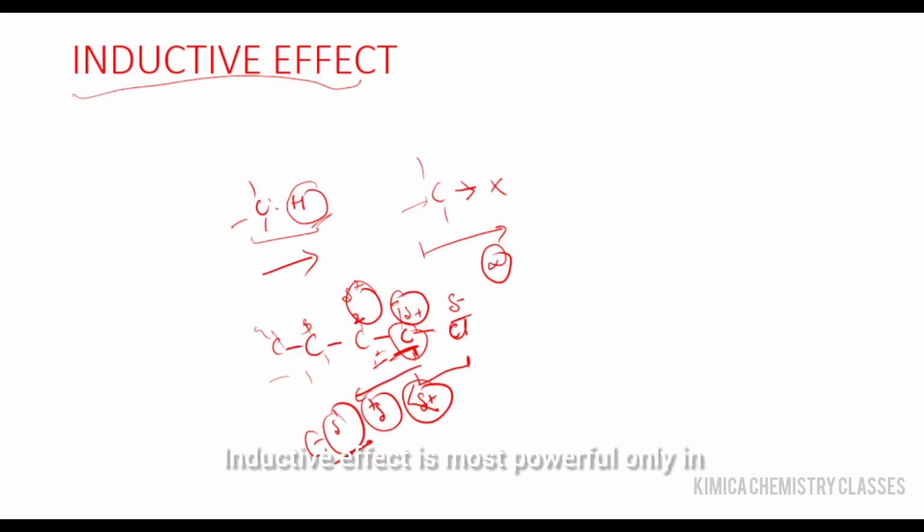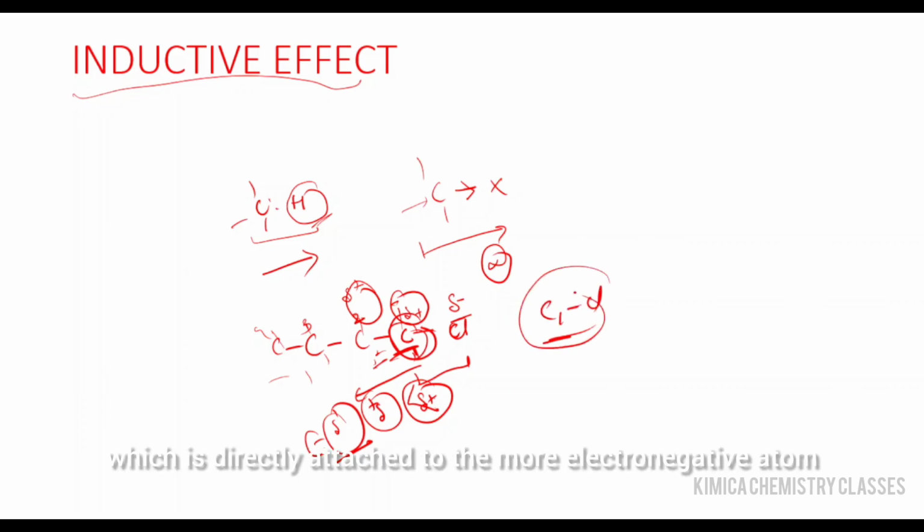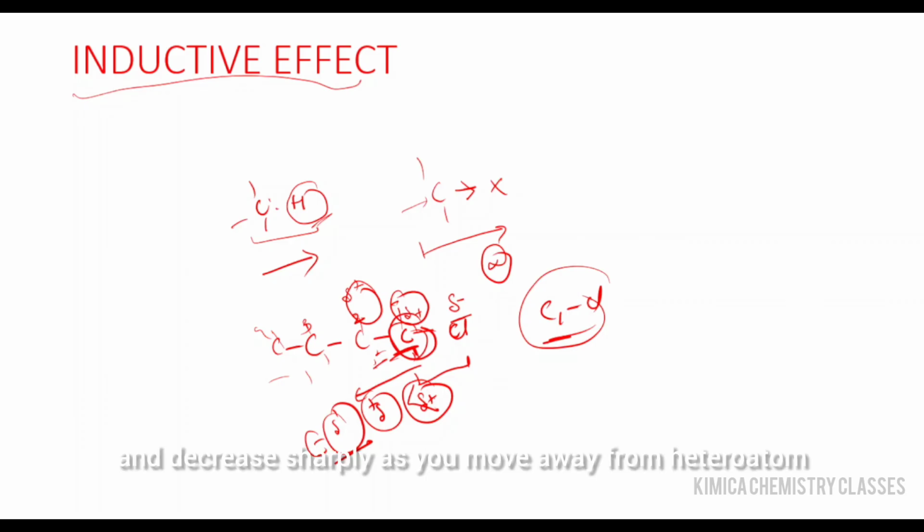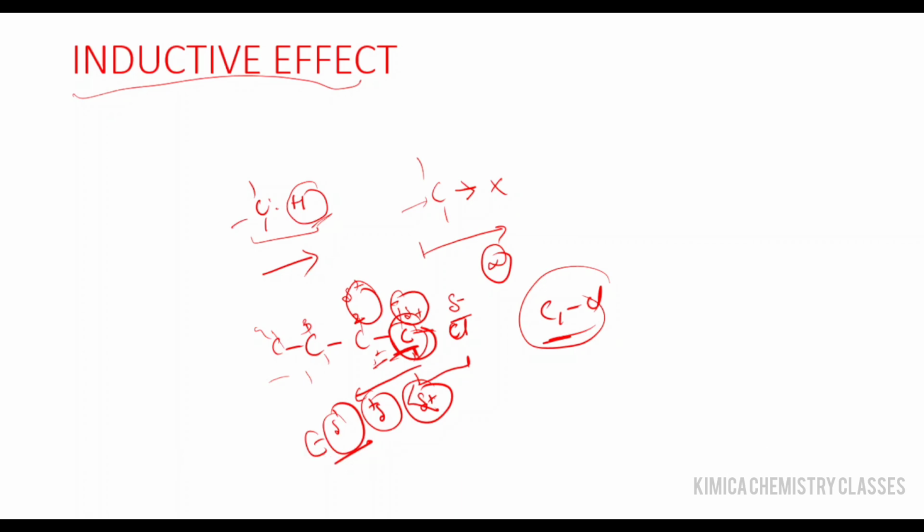Inductive effect is most powerful at the carbon atom to which the heteroatom is directly attached, which is carbon 1, and decreases sharply as you move away from the heteroatom. Inductive effect dies off quickly beyond 2 carbon atoms from the heteroatom.